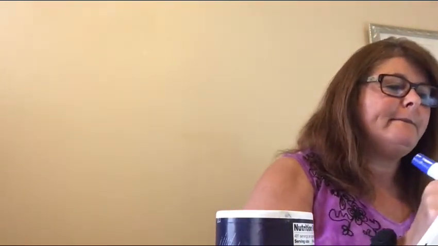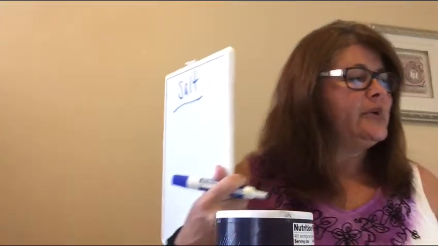The first thing is salt. Okay, what are we going to write about our salt? Observations of our dry ingredients. Remember we did this in class a little bit? Salt. What are we going to write?